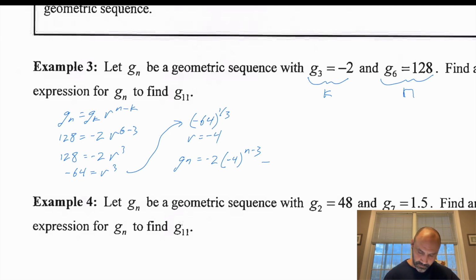Right, so let's see. g of 11, so the output of the 11th pair in the sequence, is negative 2 times negative 4 to the 11 minus 3. When you do that arithmetic, you end up with negative 131,072.